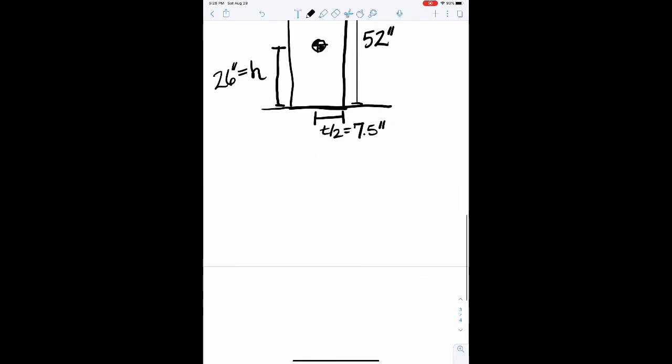All right, so what's going to happen here is we're going to take this filing cabinet and tilt it. I got to get used to that line straightening out. Haven't been using this enough.